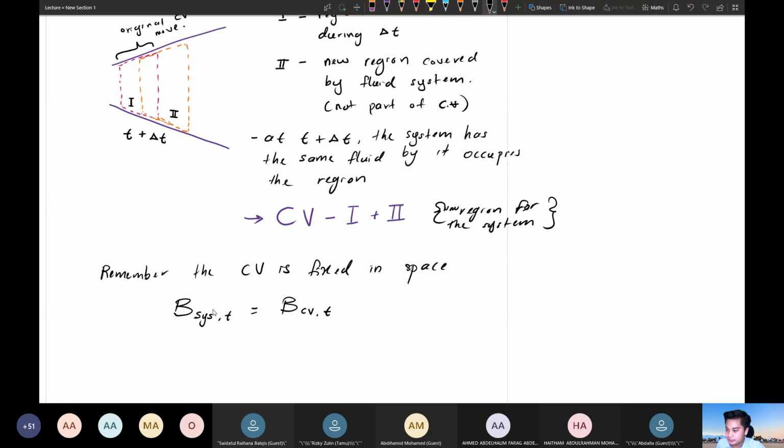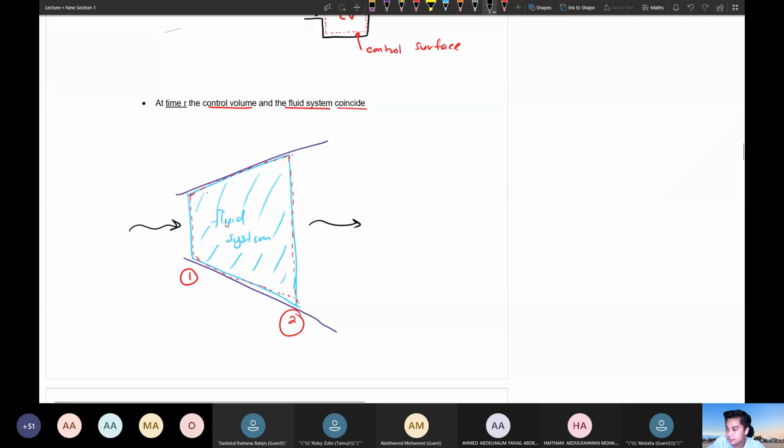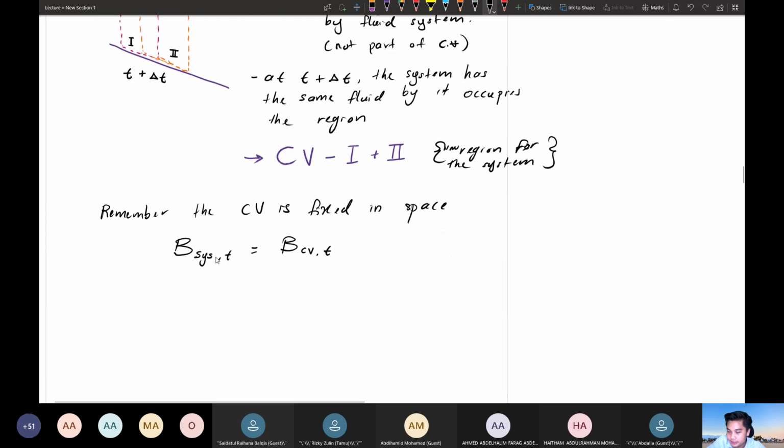This is what it means by coincide. You can see here, B means any property, maybe the fluid of the system, coincide with the control volume at time t, the initial time.